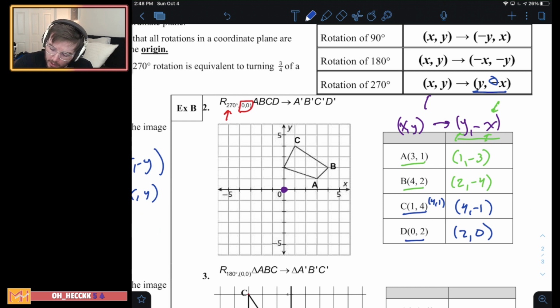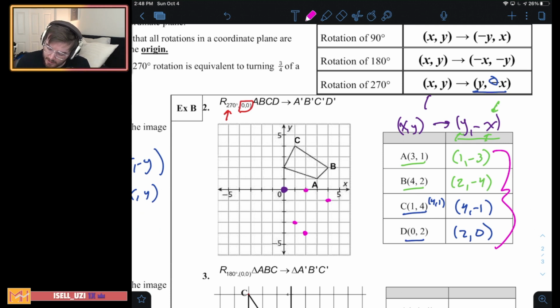Okay, so let's plot those 4 points, right? Let's plot these 4 points. So we've got 1, negative 3, 2, I went negative 1, that's my bad. 1, negative 3, 2, negative 4, 4, negative 1, and 2, 0.